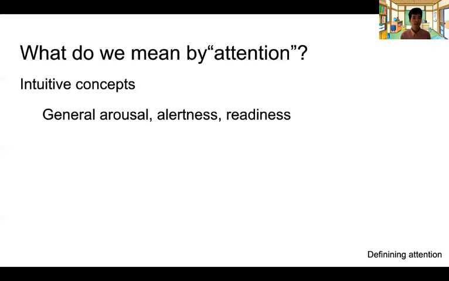One is a general arousal or alertness or readiness to do something. This is a sort of global activation level of the brain or behavior, or your level of arousal, conscious level. This is, of course, a valid measure or concept of attention, but not really the target of the concept this week.